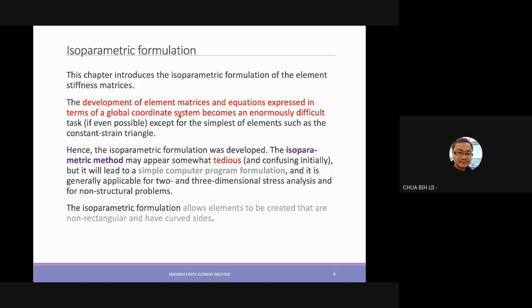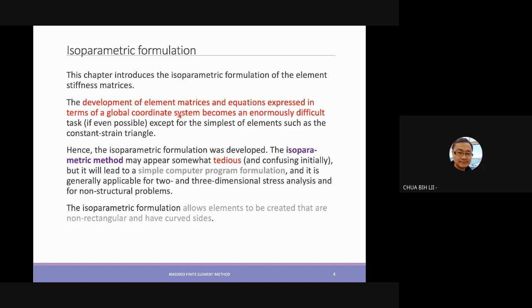For human beings, we can easily understand those x, y, and z coordinate systems. But a computer doesn't have a real brain, so it only recognizes numbers, or at least mostly numbers.